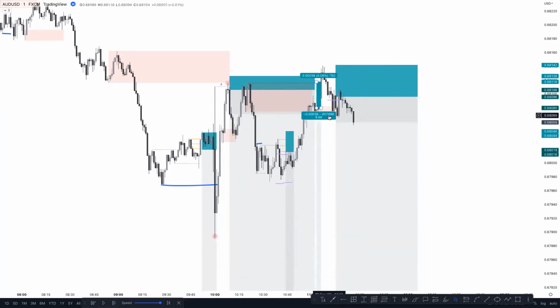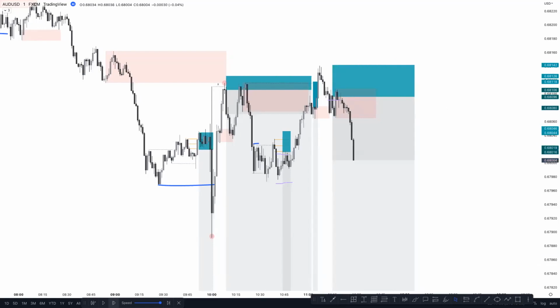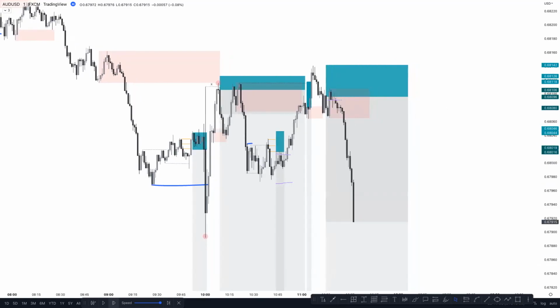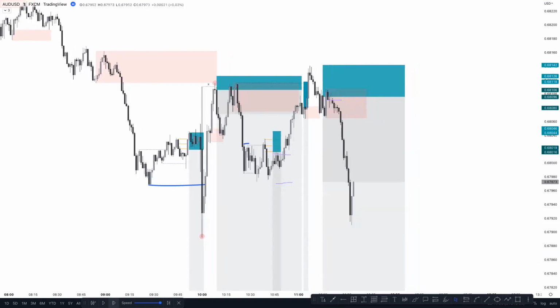Yes, now this demand is a failed and where is our order flow? This bullish candle is here, right? So if price tap here, give any single candle mitigation entry, then we can sell here. If not, then we can also find. Okay, perfect.